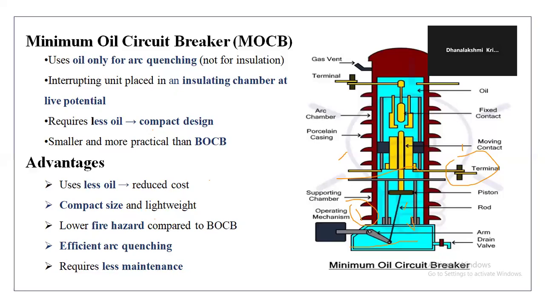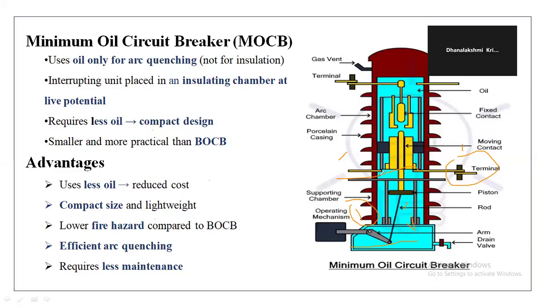This leads to the development of the minimum oil circuit breaker. A minimum oil circuit breaker employs a solid material for insulation purposes and uses a small quantity of oil which is just sufficient for arc extinction.